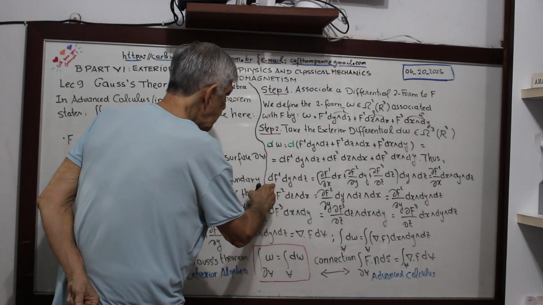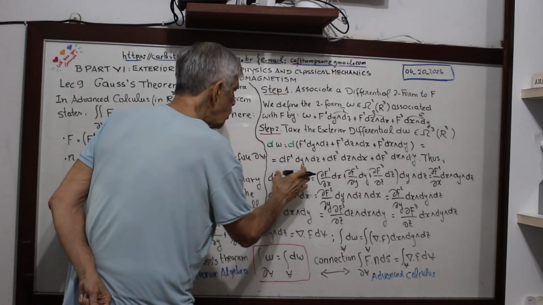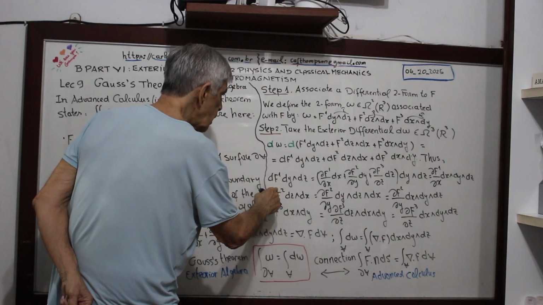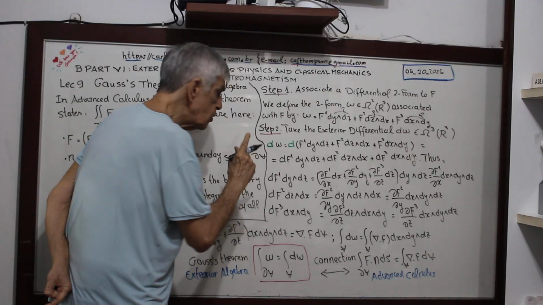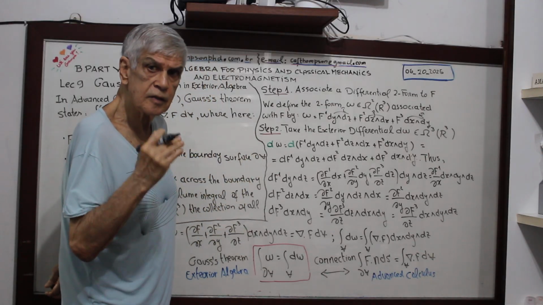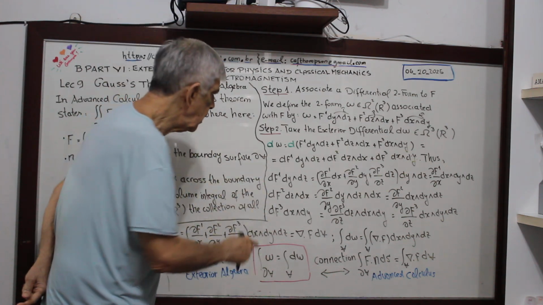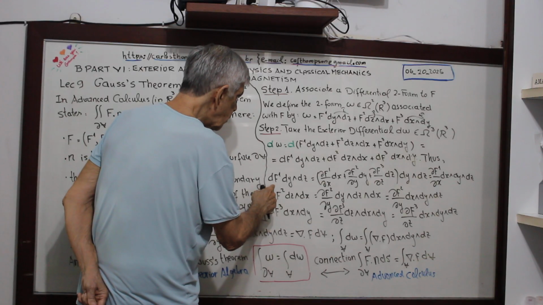Thus I have dF1 dy dz. Let's work on the first term. F1 is a zero form, and dF1 is a one form.